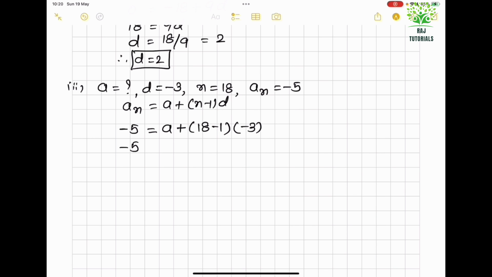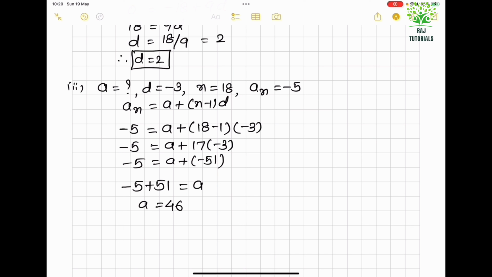So minus 5 equals A plus 17 into minus 3, so minus 5 equals A plus minus 51. If I take minus 51 to the other side, it becomes plus. So minus 5 plus 51 equals A. So A equals 46.